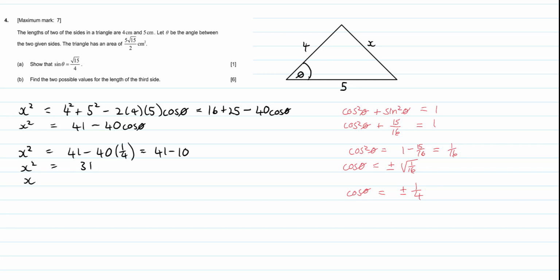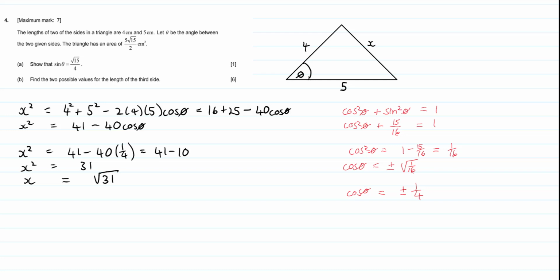And therefore x is equal to the square root of 31. So of course we're just going to take the positive square root because we're dealing with a length, the length of the side. So the length of the side can't be negative, obviously. Okay, so that is one of our possible values for that length of the third side.